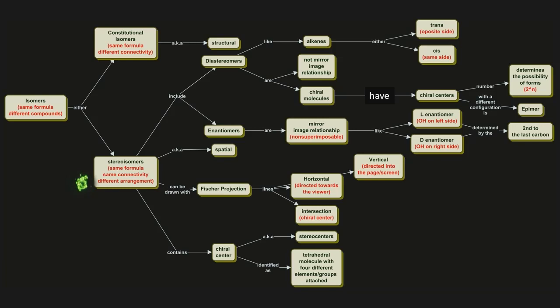However, they differ in the arrangement, the positioning and configuration of the connections. That is why stereoisomers are also known as spatial isomers, because they differ in their arrangements in space.